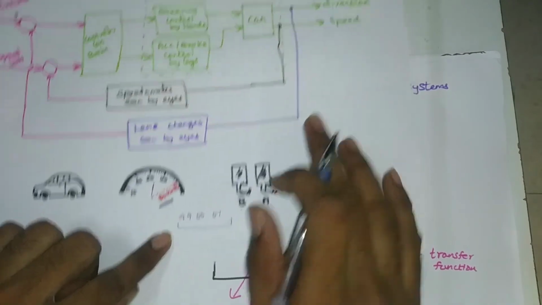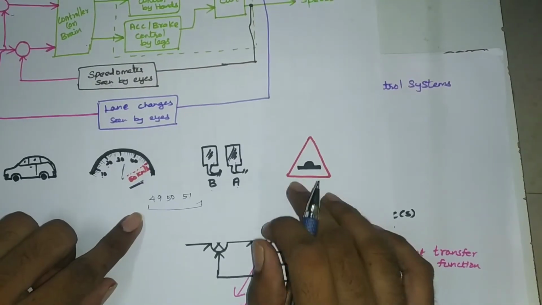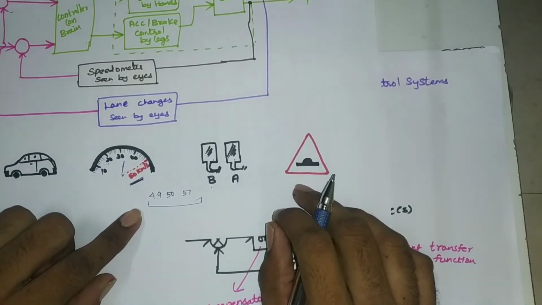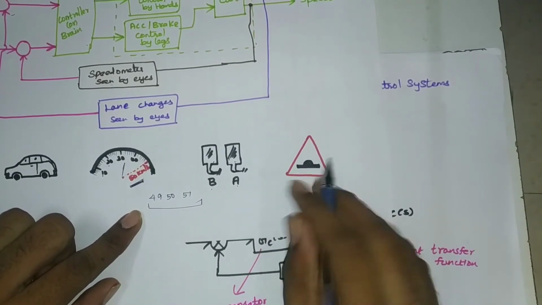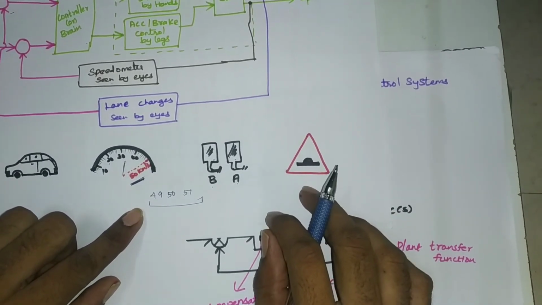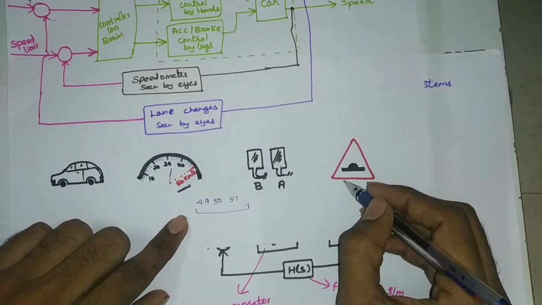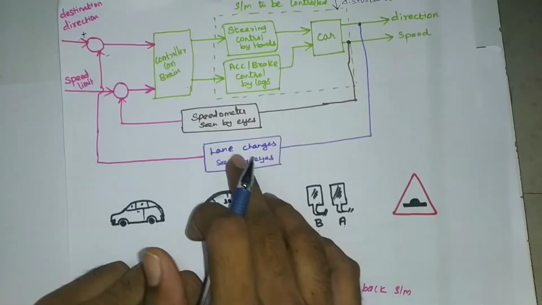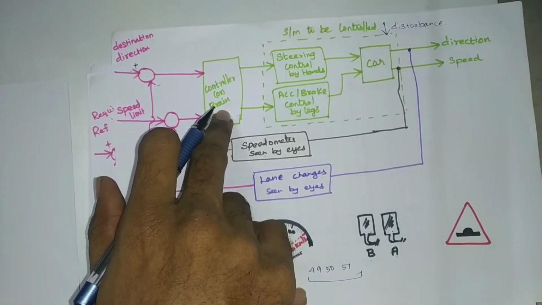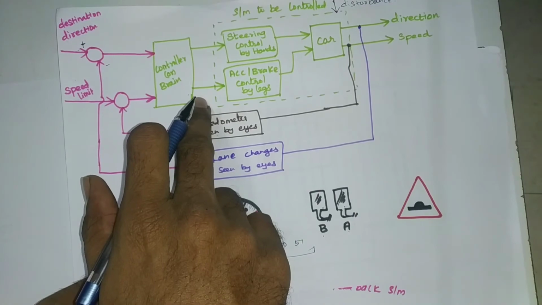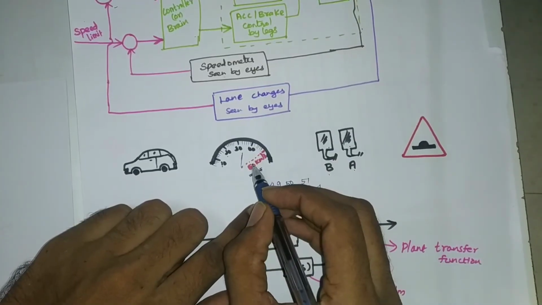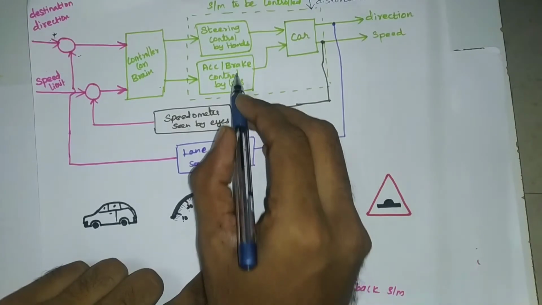Now a disturbance occurs, which means let's consider there is a speed breaker on your path. Surely after seeing this symbol on your roadside, your eyes, one of the sensors, give the signal to the brain. Immediately the brain gives the control signals. Which control signal will it send?